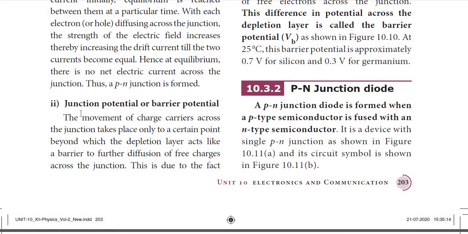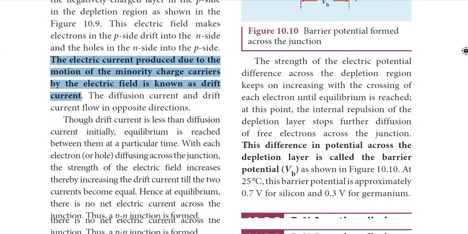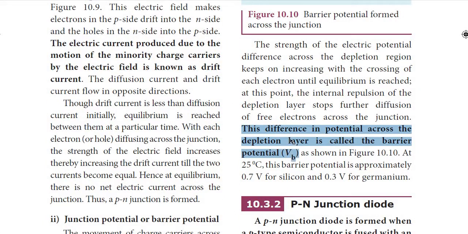The next concept is junction potential or barrier potential. What is meant by barrier or junction potential? The potential difference across the depletion layer is called the barrier potential, V_B. At 25 degrees Celsius, this barrier potential is approximately 0.7 volt for silicon and 0.3 volt for germanium.